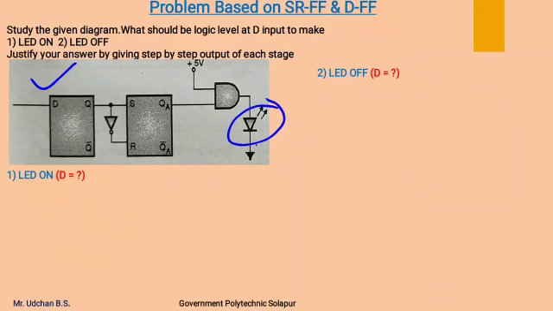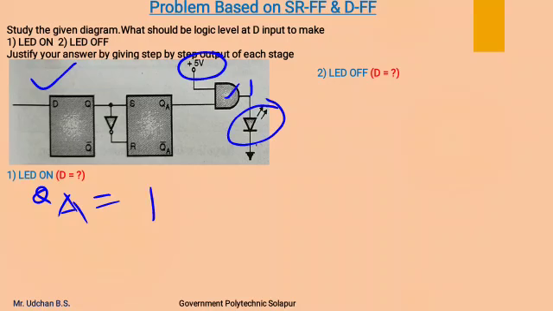Now to turn on this LED, the output of the AND gate should be high. So to make the output of the AND gate high, we see the AND gate has one input connected to plus 5 volt. So to have a high output of that AND gate, we should have the output of the SR flip-flop, that is QA, as high.